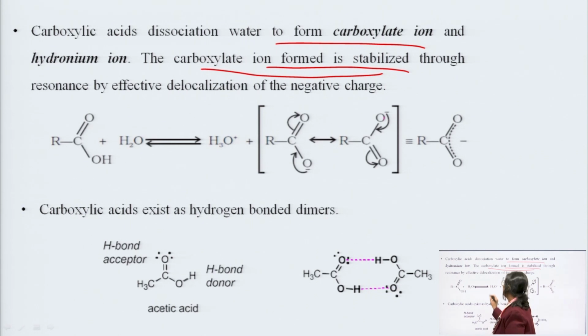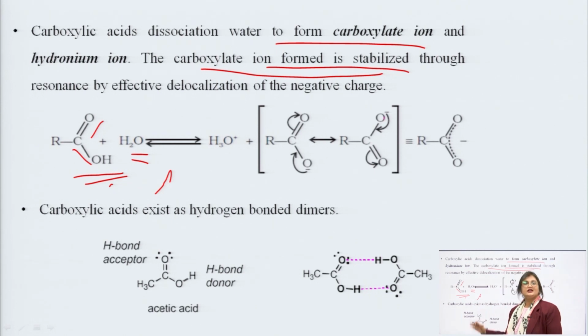Here, if we look into this reaction, carboxylic acid, which is R C double bond O OH, when dissolved in water, dissociation happens.